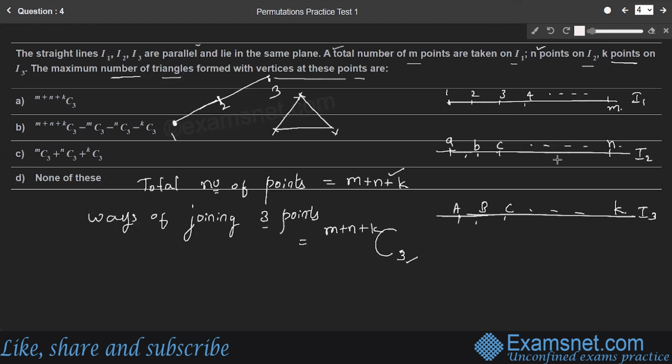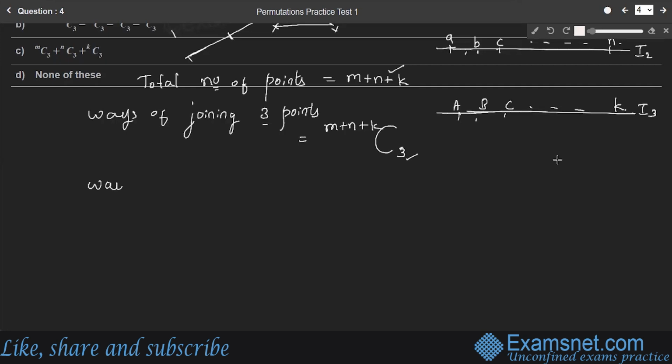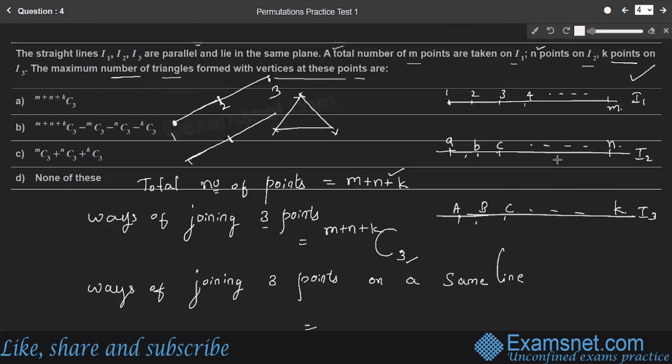Now, the ways of joining 3 points on a same line: on the l1 line, the first line, we can join 3 points in mC3 ways.